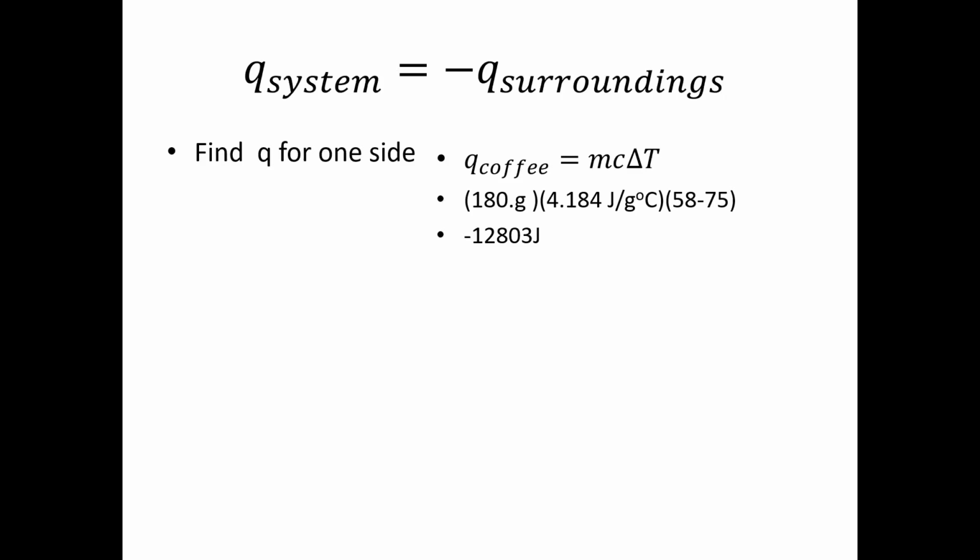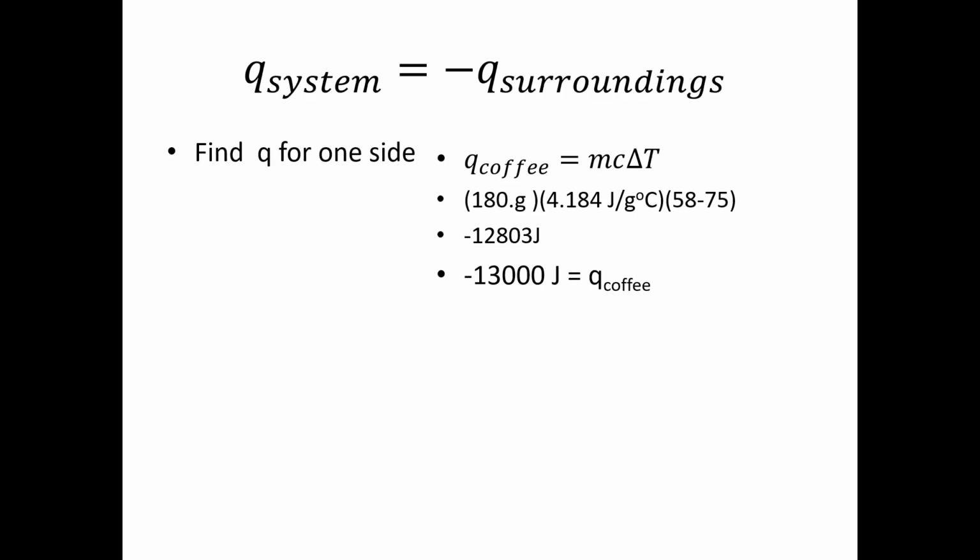So I come up with 12,803, but I only get 2 sig figs. If I look at my temperature there, the difference is going to have 2 sig figs. So I'm going to round this to 1,300. And it's negative because the coffee's getting cooler. It's letting off that heat. So that's the Q of the coffee.